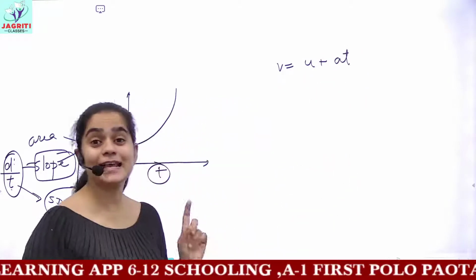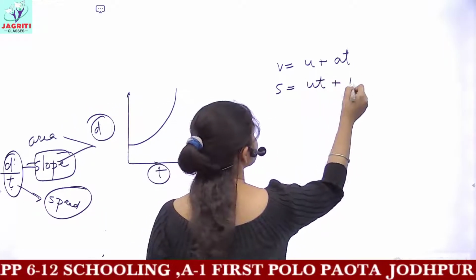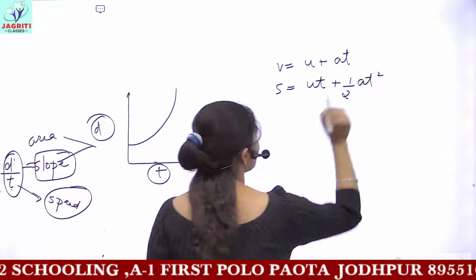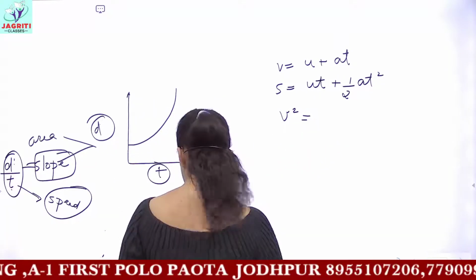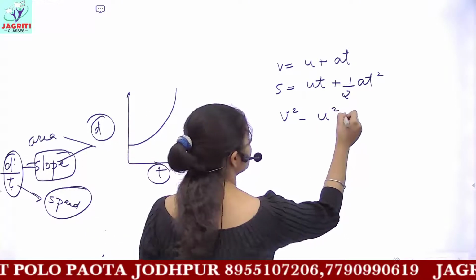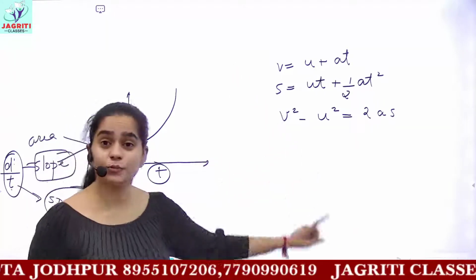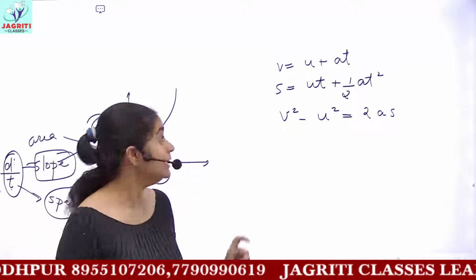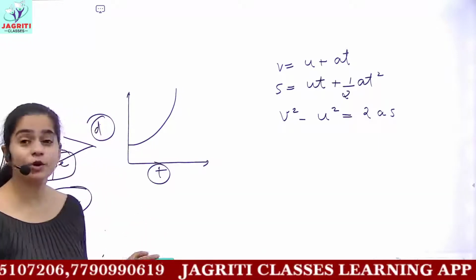Then the position time relation, s equals ut plus half at square. And then the velocity position relation, v square minus u square equals 2as. We derived all three equations stepwise.